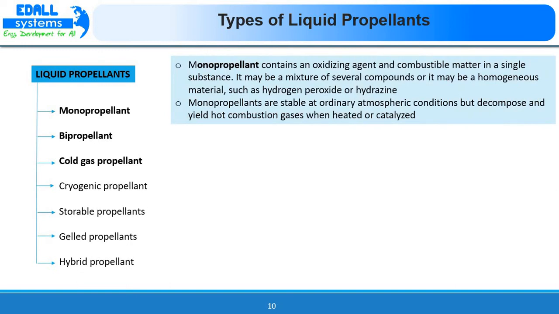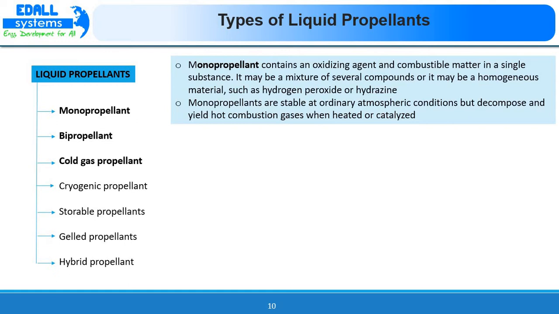It contains an oxidizing agent and combustible matter in a single substance. That is, it may be a mixture of several compounds, or it may be a homogeneous material such as hydrogen peroxide or hydrazine. So monopropellant is a single chemical compound in which an oxidizing agent and the combustible matter, that is the fuel, are present, and they are stable at ordinary atmospheric conditions but can decompose or yield hot gases when heated or catalyzed.